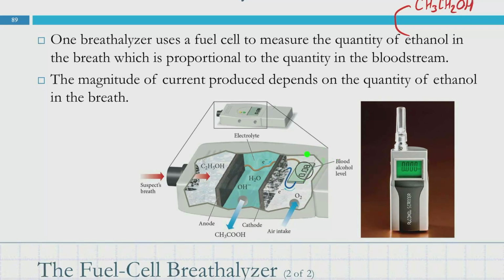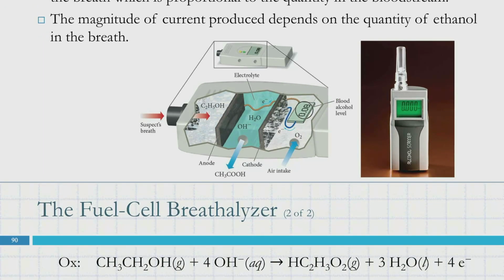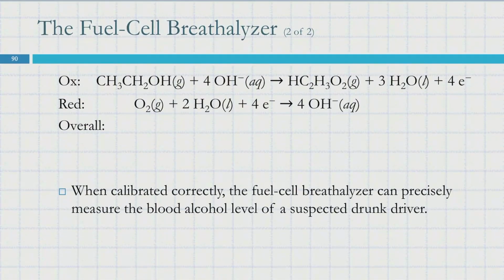I think 0.08 is really high. So it'd be bad stuff. And again, if you don't calibrate it, it is less effective. But if you calibrate it, then it works really well. And you can tell how much somebody's had to drink if you suspect them of being a drunk driver. Or if you just need to start your car and you got one of those breath locks or whatever.